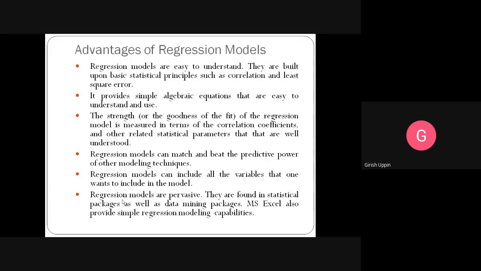Regression models can match and beat the predictive power of other modeling techniques. So regression models relatively give very high accuracy. Whenever you are beginning your analysis, whether working on industrial projects or personal projects, you should always start with a regression model.